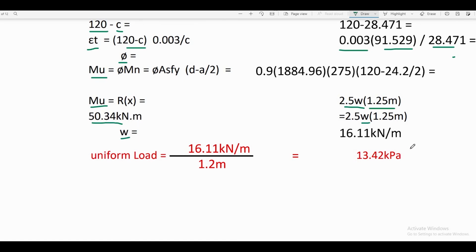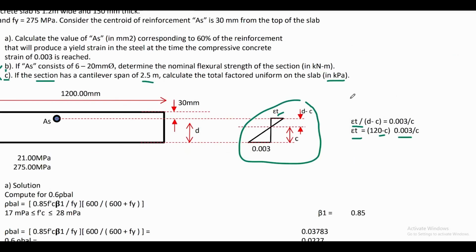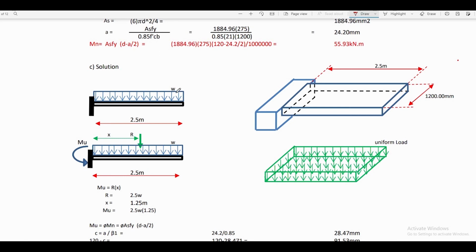So the uniformly distributed load will be equal to 16.11 kilonewton per meter. But the problem is asking for the uniformly distributed load in kilopascal and not in kilonewton per meter. We have calculated the uniformly distributed load equal to 16.11 kilonewton per meter.